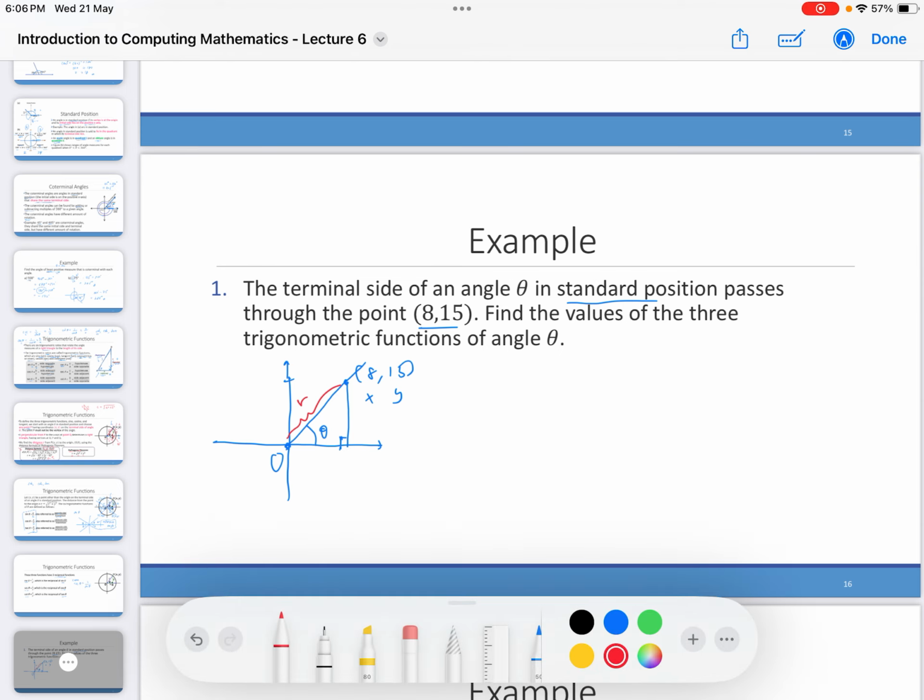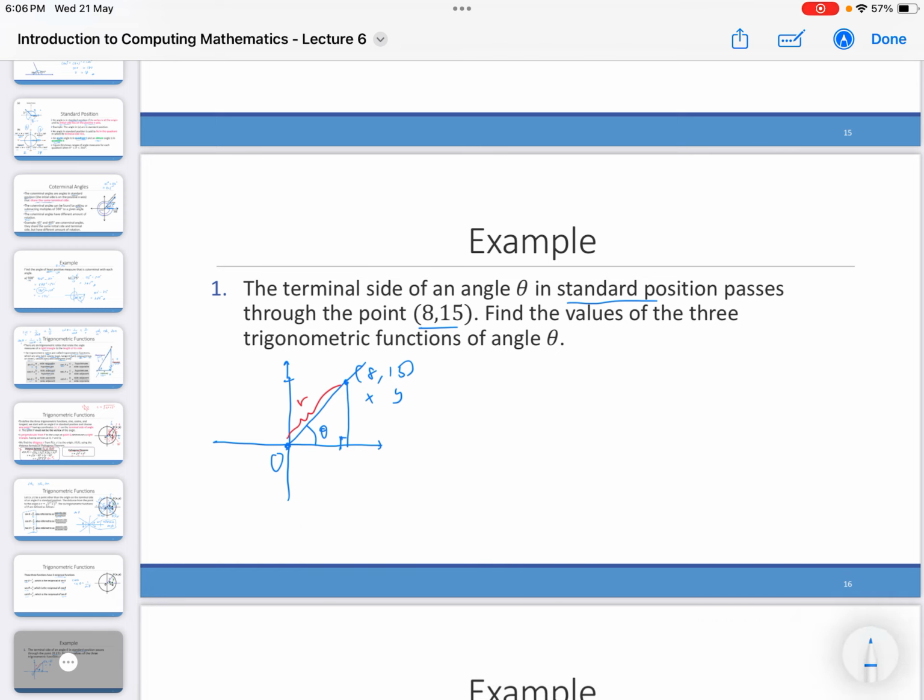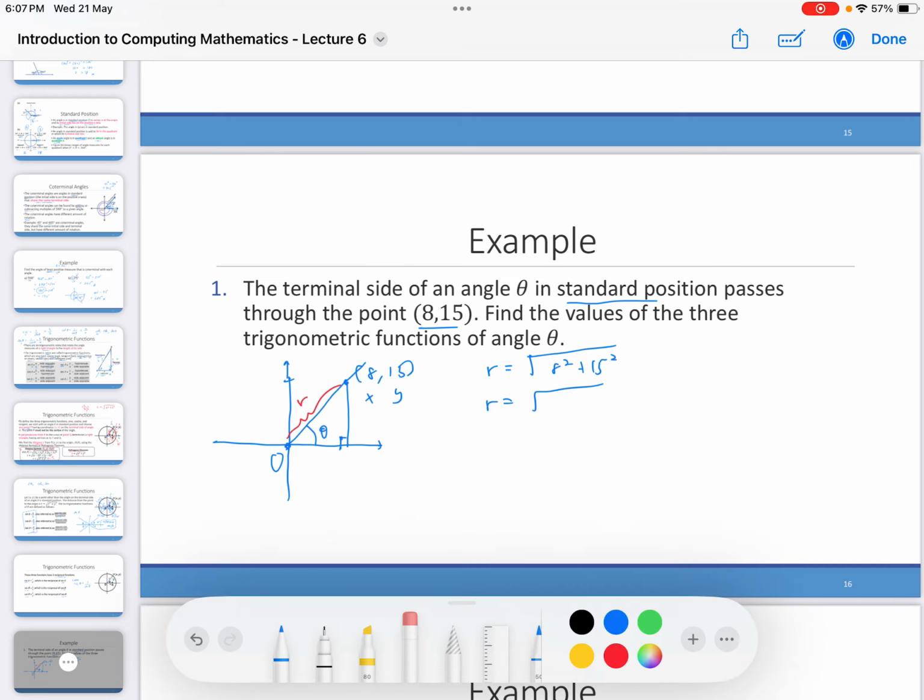To find r, we use the Pythagoras theorem. So r equals the square root of x squared plus y squared, which is 8 squared plus 15 squared. The final answer r is equal to 17.